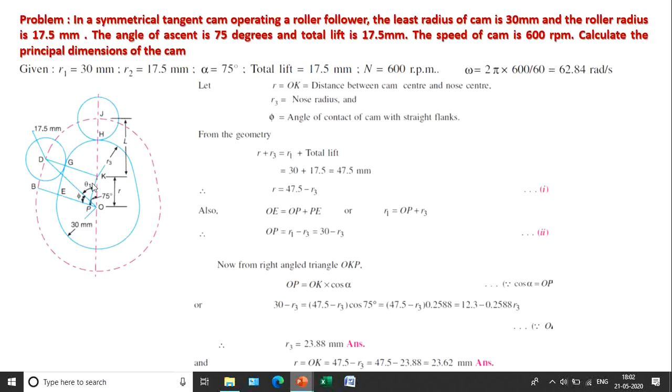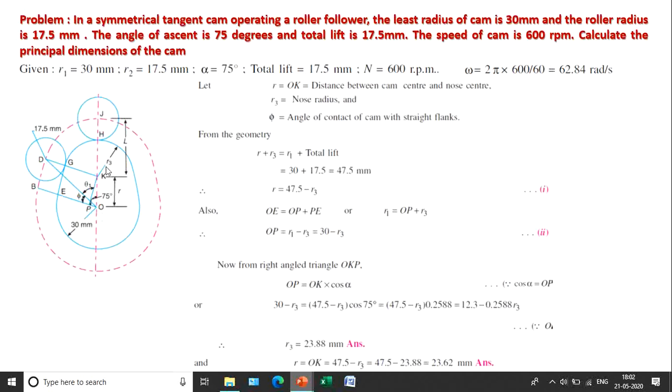If I join a line like this, from this point K to G is equal to the nose radius. Therefore PE is also equal to KG, which is R3. So we can write R1 as OP plus R3, therefore OP equal to R1 minus R3. Since we know R1, this will be equal to 30 minus R3.